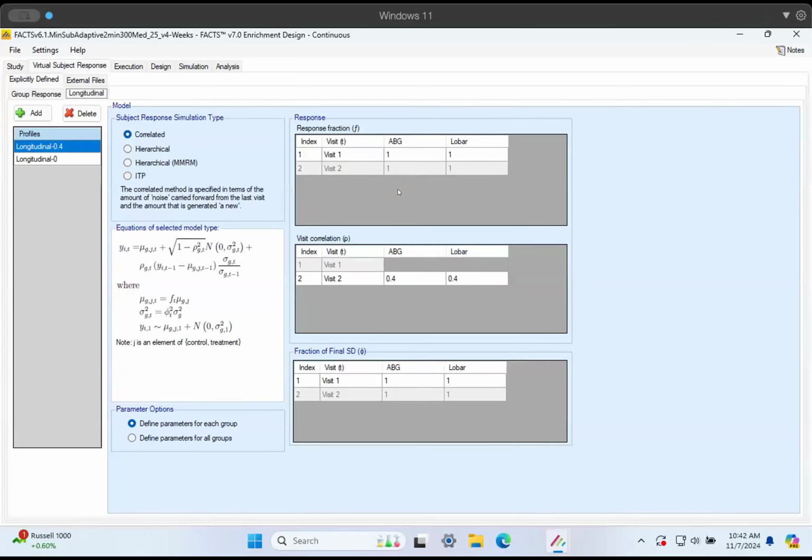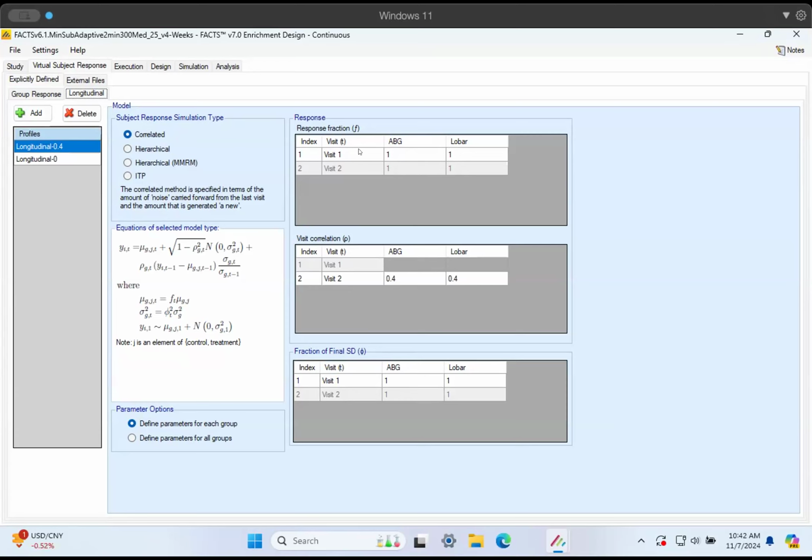The response fraction and the fraction of final standard deviation, you know, if you have some effect that you think is maybe growing over time, at the early outcome maybe you expect to see half of the treatment effect, and at the final outcome you expect to see the full treatment effect set in. You could change these to be 0.5 if you expect to see half of the effect at visit 1.